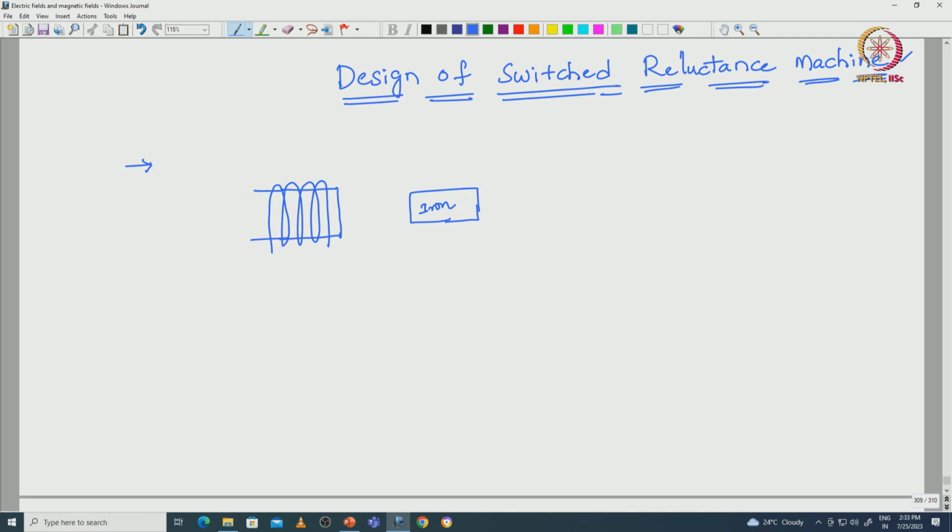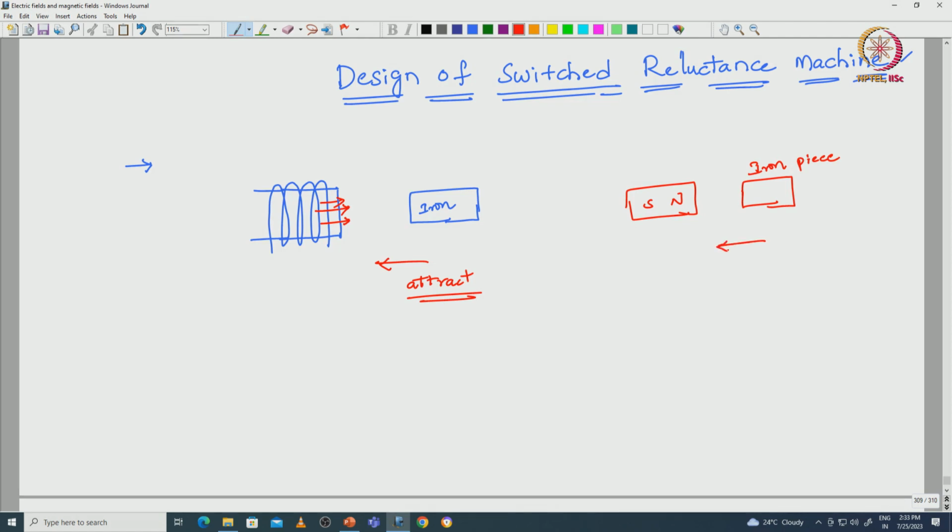So, depending upon the magnetic flux lines with respect to the electromagnet, the iron piece will attract towards the electromagnet, right. It is same as a permanent magnet and an iron piece.